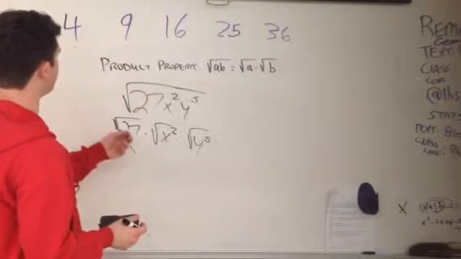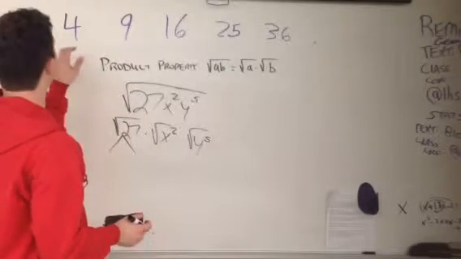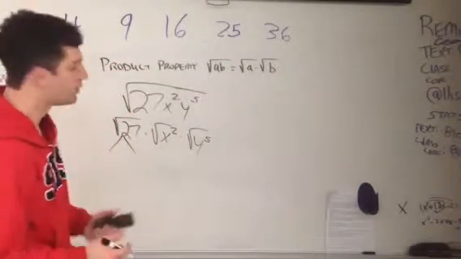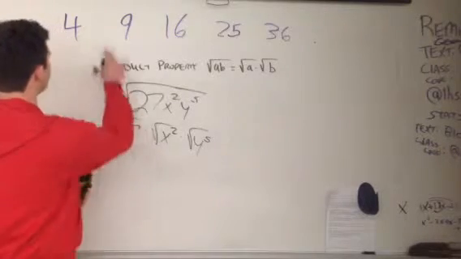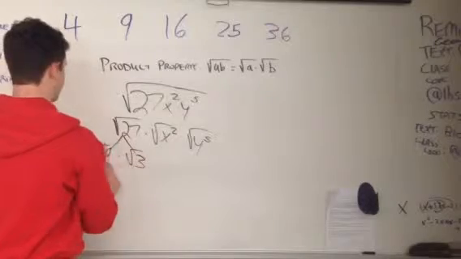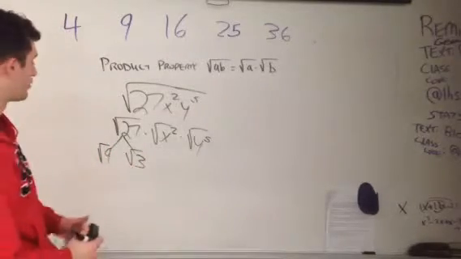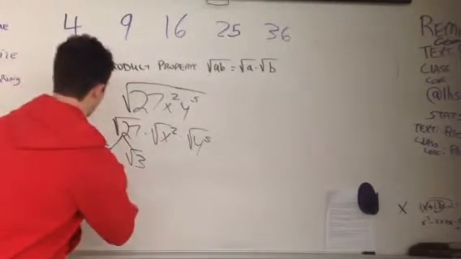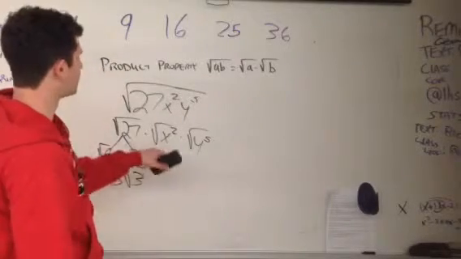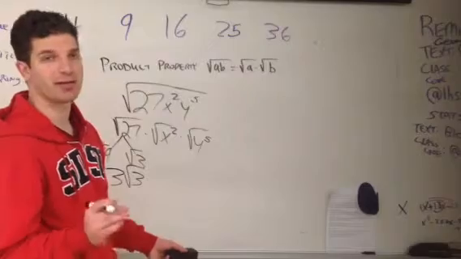Remember, when simplifying a radical with a number, I'm going to look for my biggest perfect square. That's one way to do it. The biggest perfect square that goes into 27 is 9. So I have the square root of 9 times the square root of 3. The square root of 9 is simply 3. This is 3 square root of 3. X squared, remember, take your power, divide by 2.